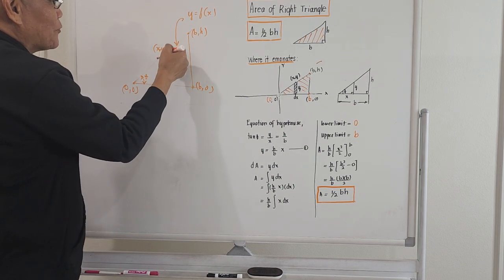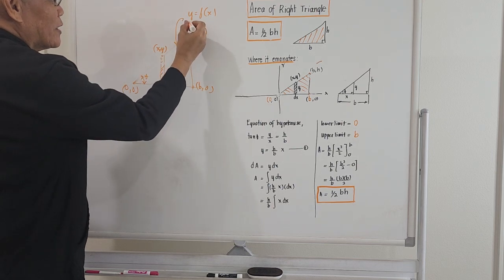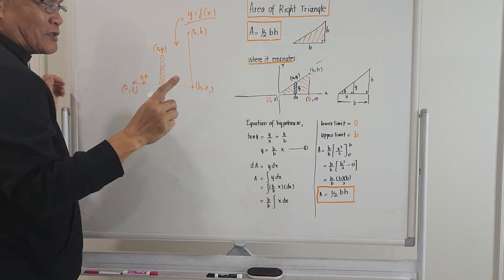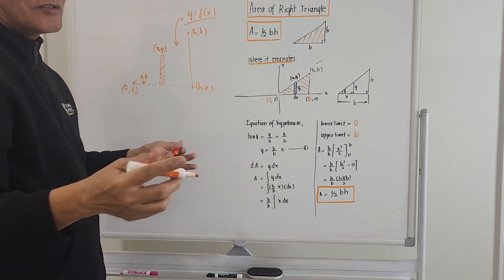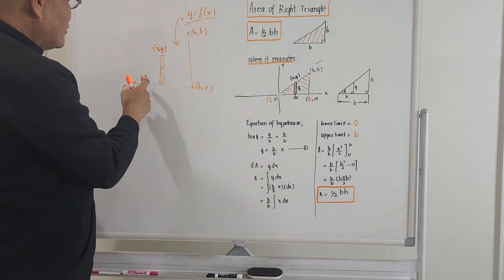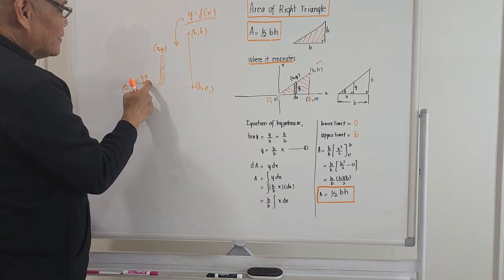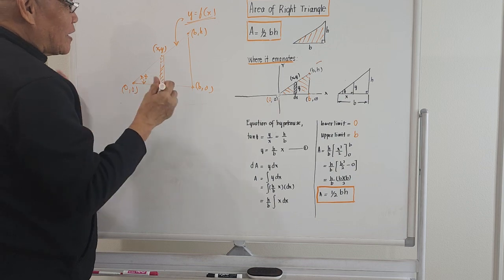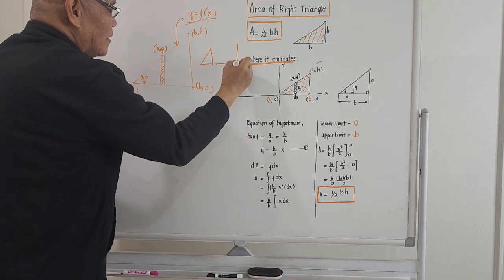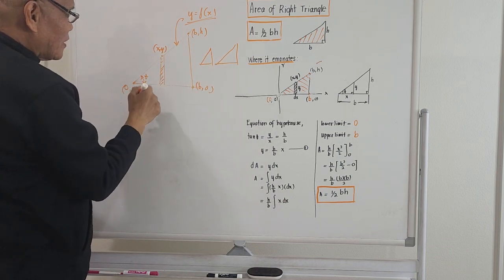To find the equation of the hypotenuse of y as a function of x, we will use the tangent law, so we go back to trigonometry. If we try to take the tangent of this angle here, actually there are two right triangles. The first right triangle is this one.